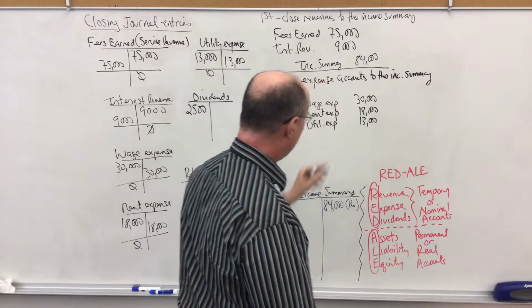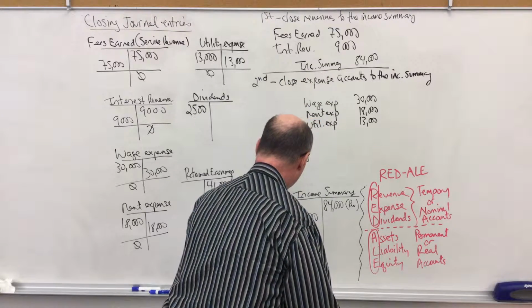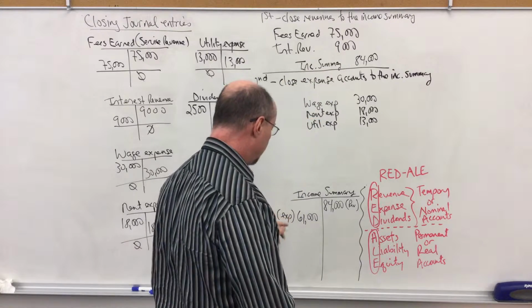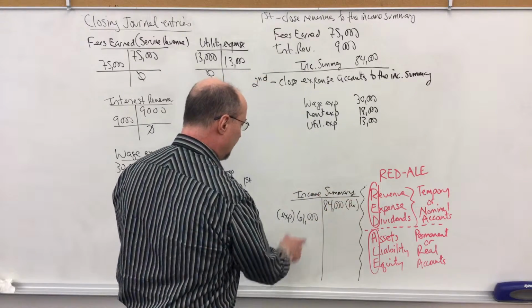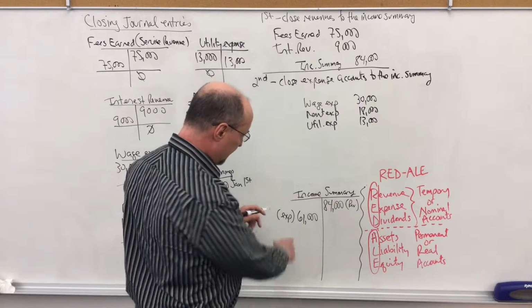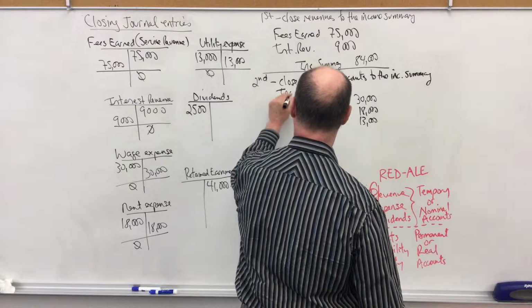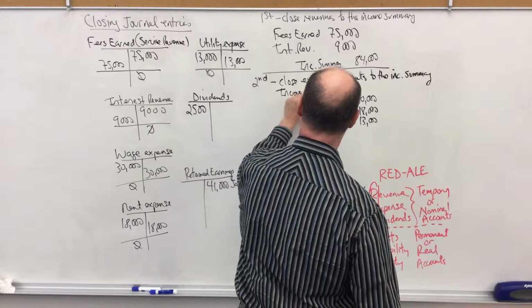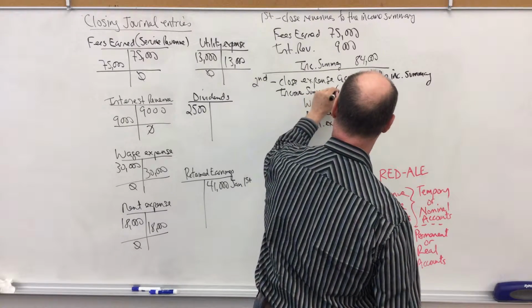I'll just put in parentheses, and you don't have to put this in parentheses, I'm just doing that to show you that the credits in the income summary are revenues, and the debit represents the expenses. Okay, so I'm going to debit the income summary for $61,000.